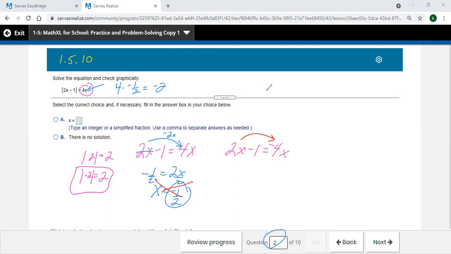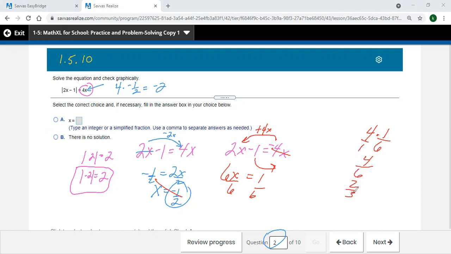Let's finish this one over here. Oh, no, I think I'll go the other way actually with this. Let's bring the -4x over here, because we would add 4x to move it over, right? Add 4x to both sides to get rid of this. And 2x and 4x is 6x. Add the 1 to the other side. Divide by this 6, and 1/6 would be our answer. So 1/6, 4 times 1/6 is going to be 4/6. That's 2/3 reduced, right?